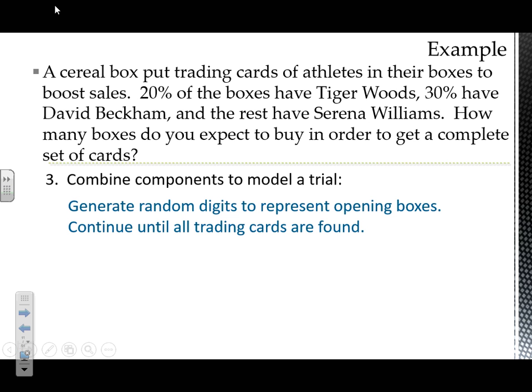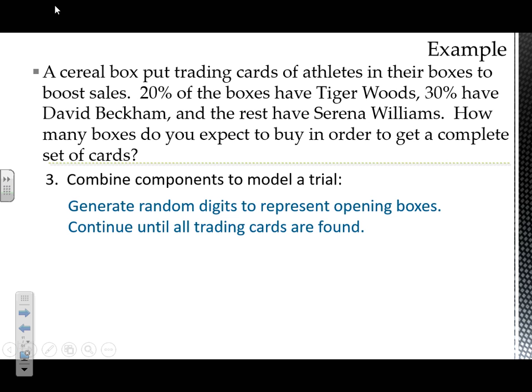7. 7, Serena. 2, which is Beckham. 7. Keep going. 7 again. Yep. 5. 4. 4. 2. 6. 4. 8. 8. 2. 4. 2. 5. 3. 6. 2. 9. 0.